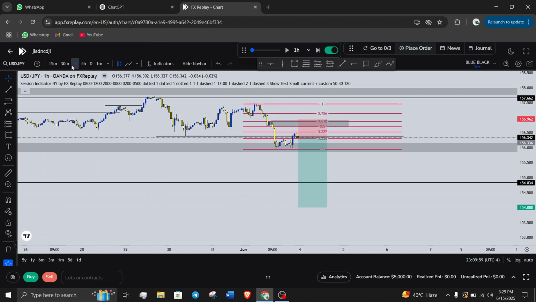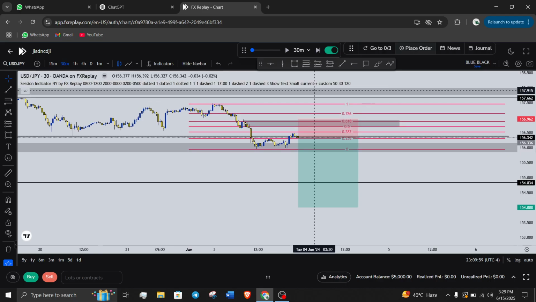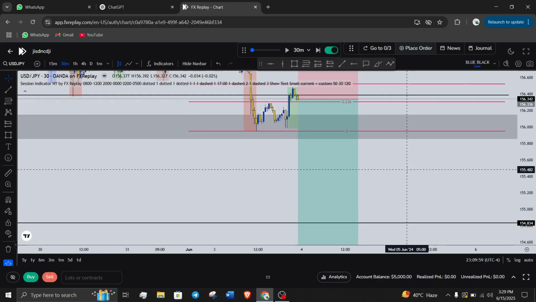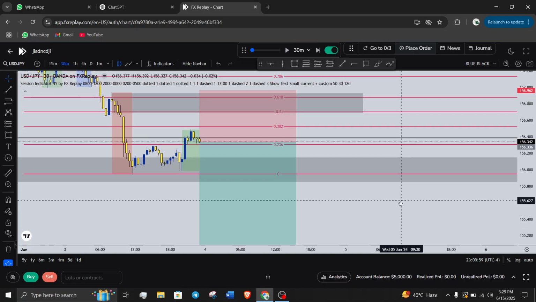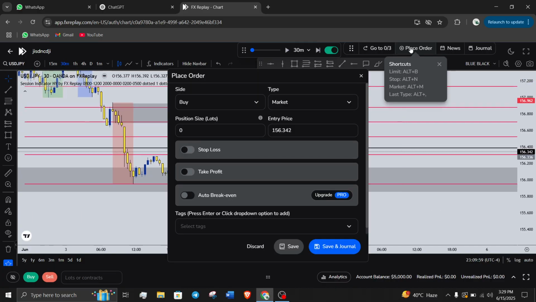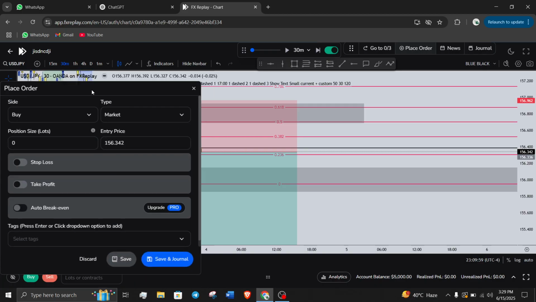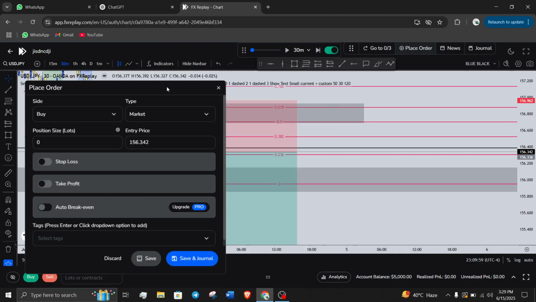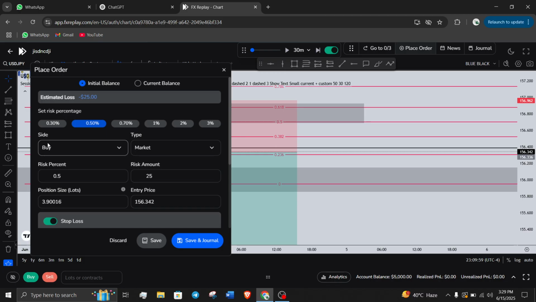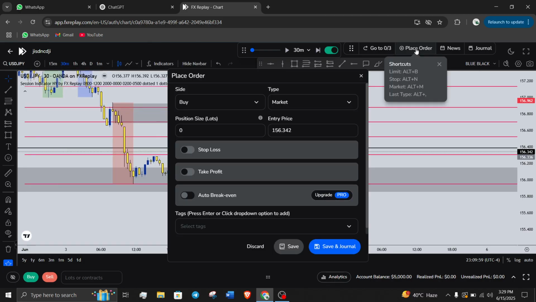Yep, it's a daily wick with the 30. Place order. Sorry, it is a sell.